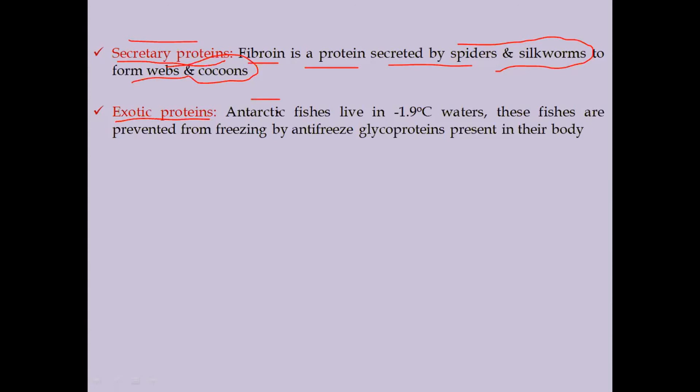Exotic proteins are present in exotic fishes which live in a very cold environment where the temperature is minus 1.9. These fishes are prevented from freezing by the antifreeze glycoprotein present in their body. So these glycoproteins act as exotic proteins. So these are different types of classifications of proteins.